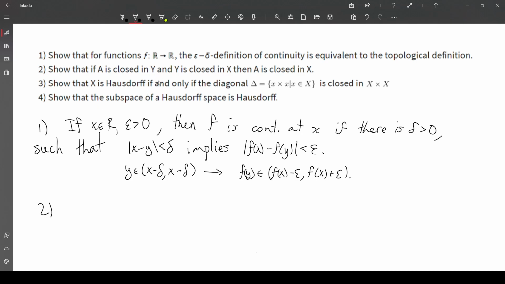If A is closed in Y and Y is closed in X, then A is closed in X. So here Y is a subset of some topological space X, which has a topology.